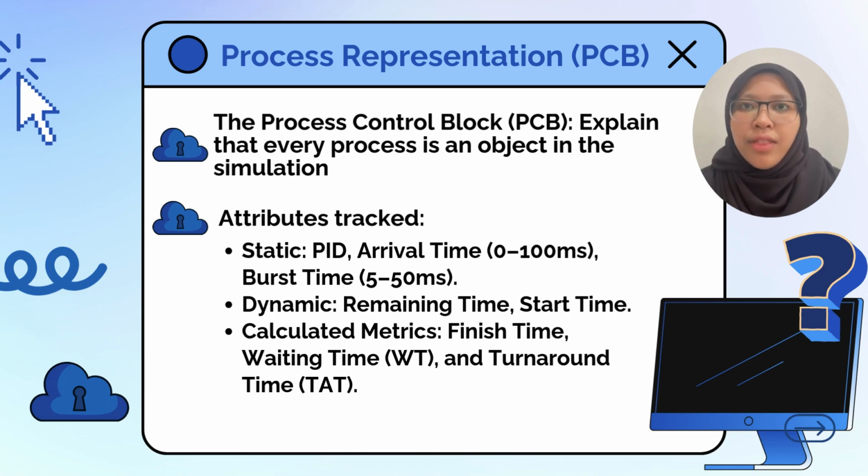Arrival times are randomly generated between 0 and 100 milliseconds, while burst times range from 5 to 50 milliseconds. This structure allows the scheduler to accurately track each process throughout the simulation and ensure precise calculation of performance metrics, following standard operating system models.